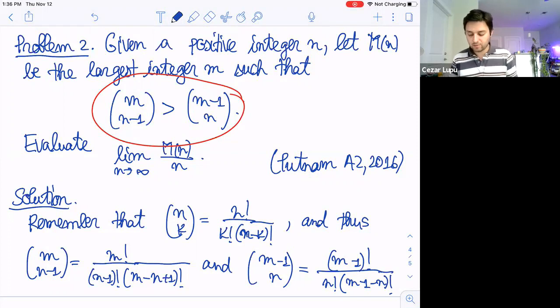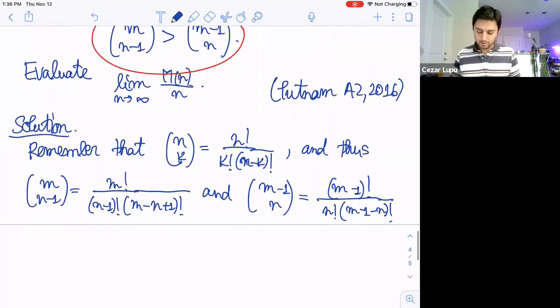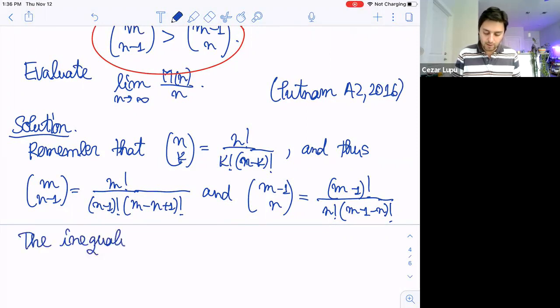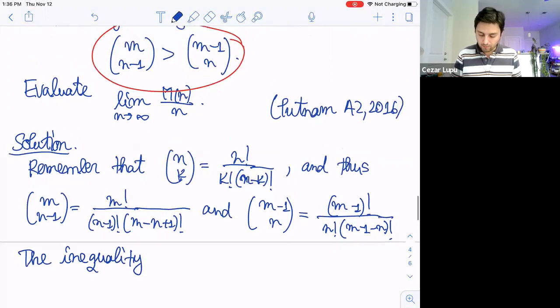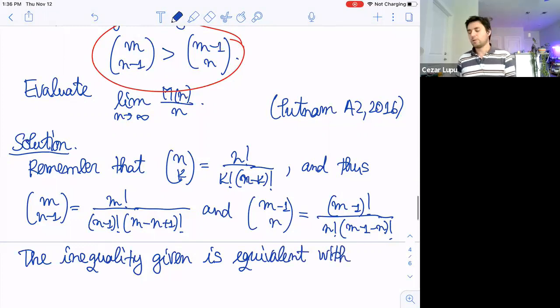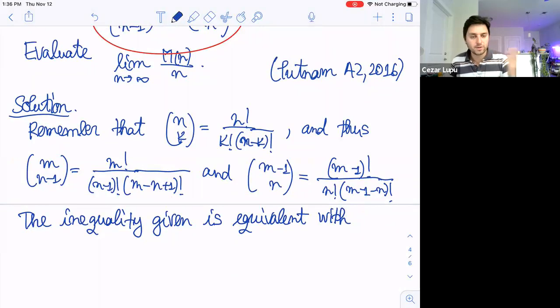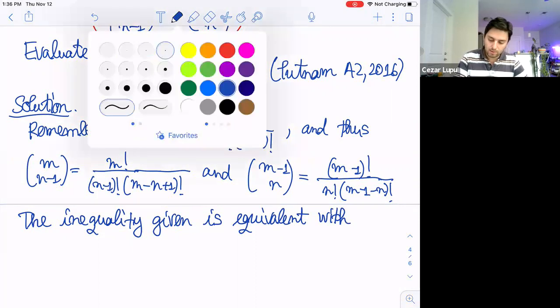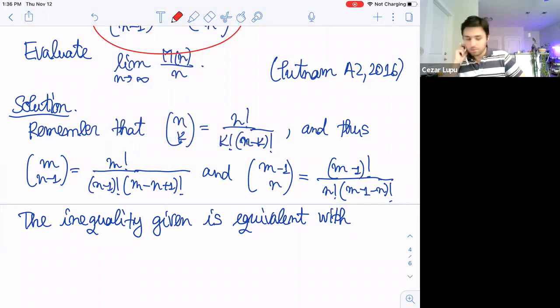As you can see, some of the things will just go away. And at some point, the inequality, and I'll leave this to you as an exercise, is equivalent with, once you do all this, you'll get a quadratic equation anyway. And at some point, we'll get to an inequality. It's equivalent with, let me write it in this way. I think I've done it here somewhere. Where is it?